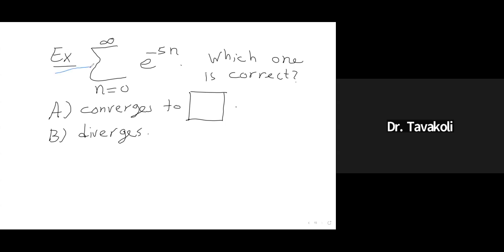To see what the common ratio is for this geometric series, let's see what the terms are. When n is 0, e to the power of 0 is 1. So the first term is 1, then plus. When n is 1, e to the power of minus 5. And e to the power of minus 5 is the same as what? 1 over e to the power of 5, right?